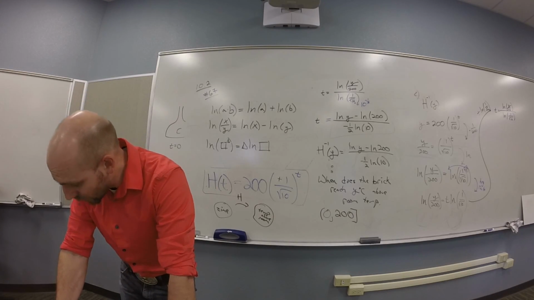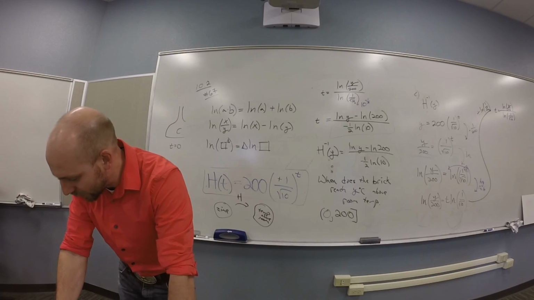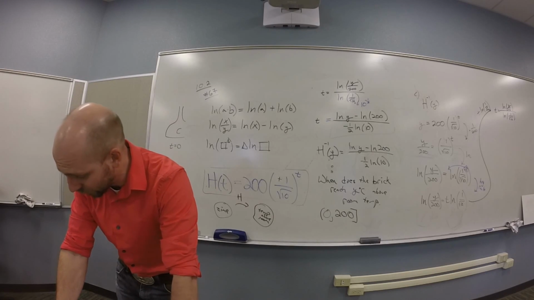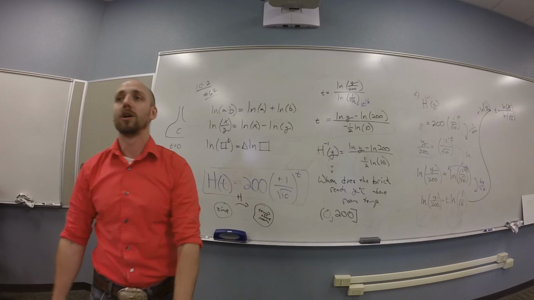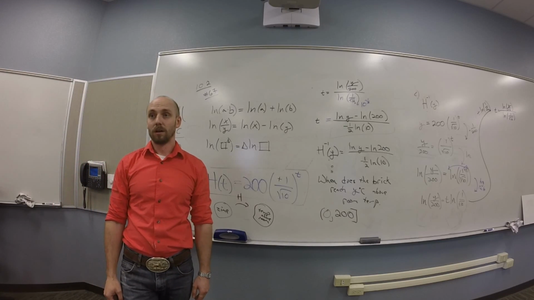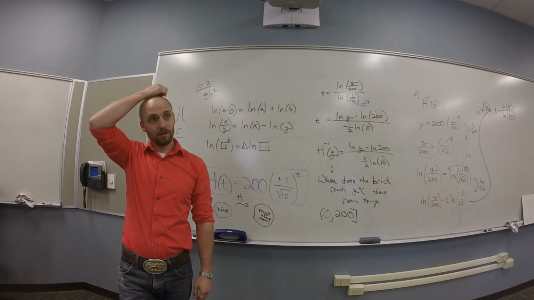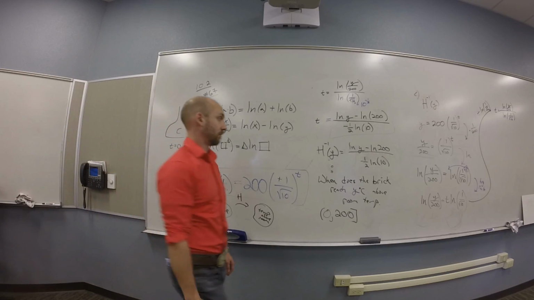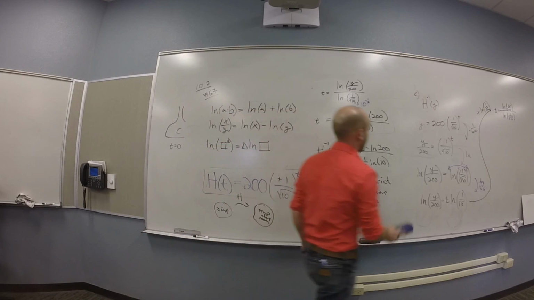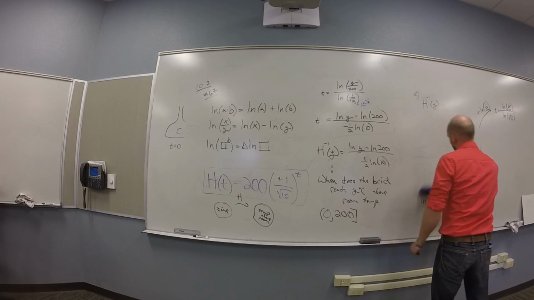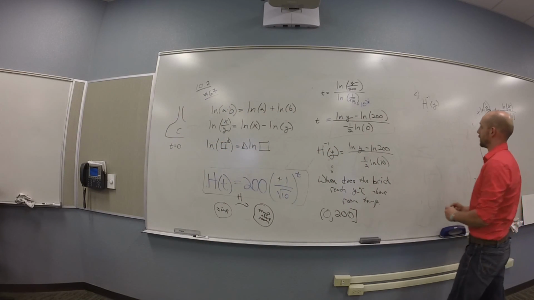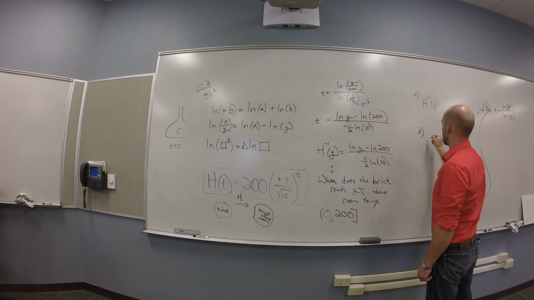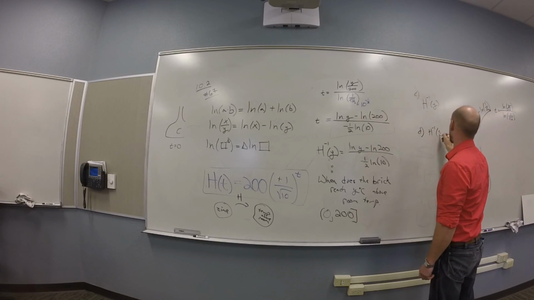All right, how much time elapses before the brick's temperature is 5 degrees above room temperature? How do I do that one? You plug 5 into the inverse. Yeah, if you have a temperature and want a time. I would say the answer to part D is quite simply H inverse of 5.